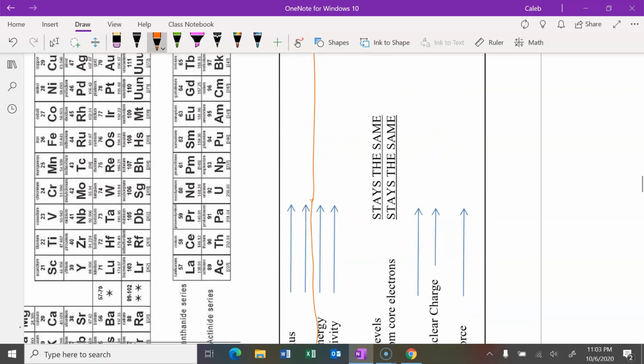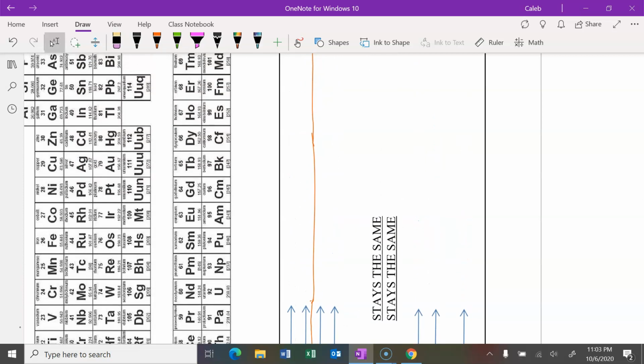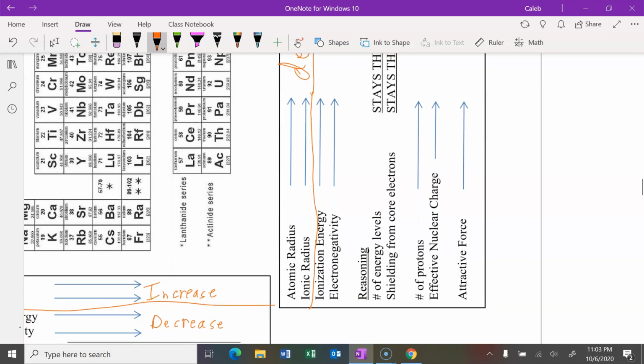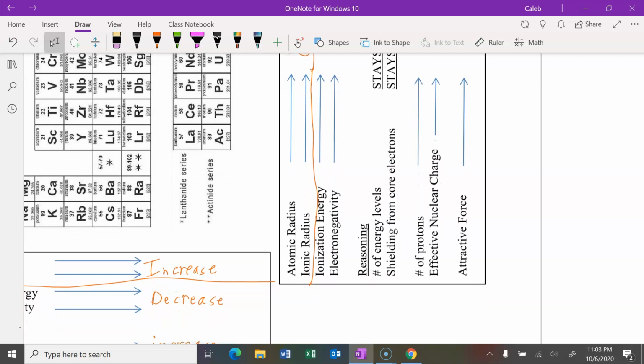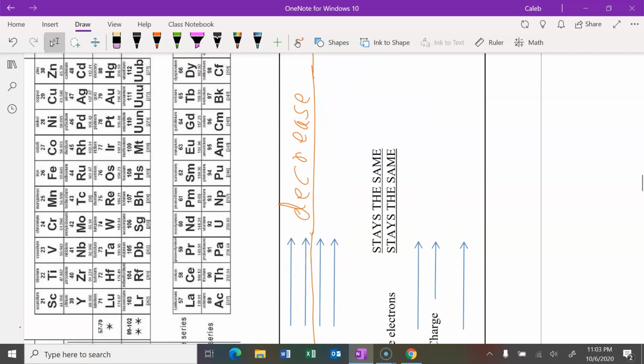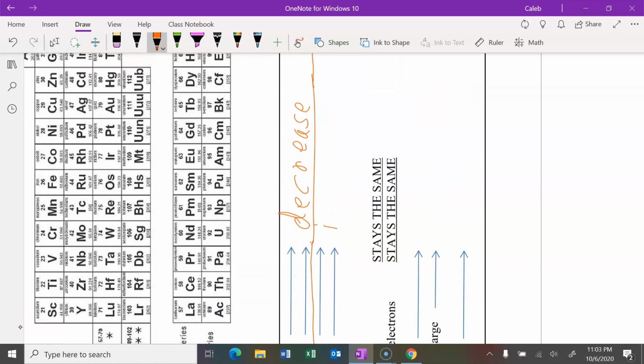Atomic radius and ionic radius, as we go across from left to right, those trends decrease. Ionization energy and electronegativity increase.